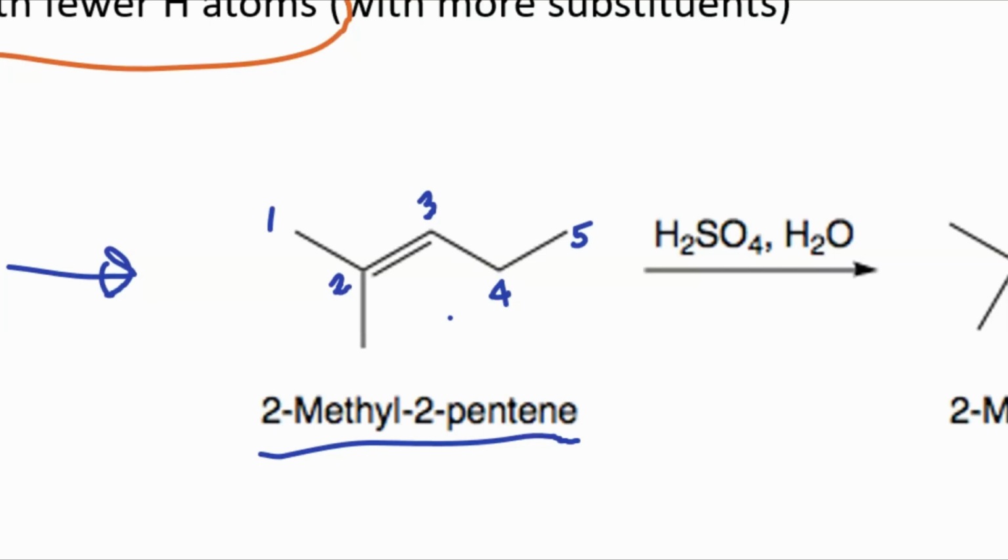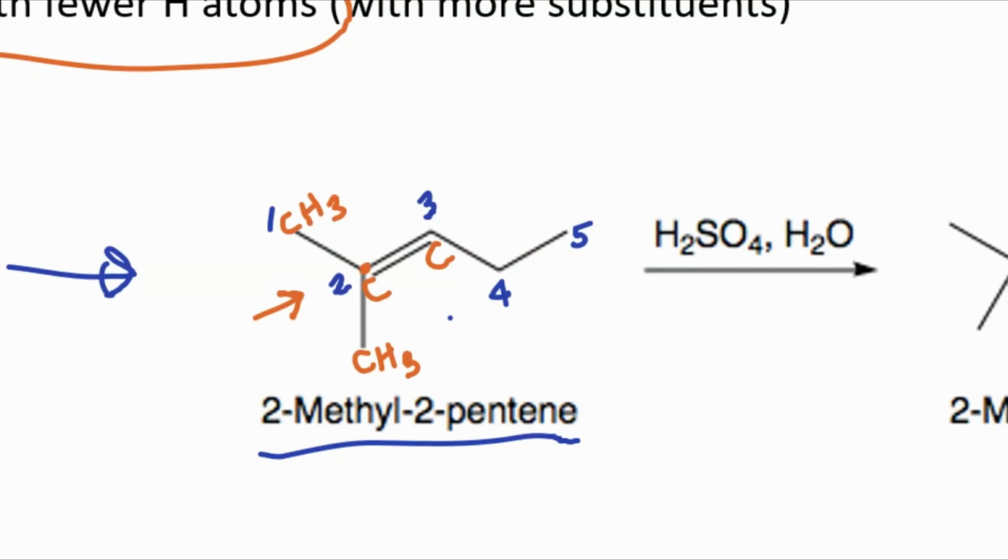If you take a closer look at this structure, which carbon atom on this alkene, carbon 2 or carbon 3, contains a higher number of hydrogen atoms and which a lower number? If you take carbon 2, do you see any hydrogen atoms there? No, because this is a methyl group and this is also a methyl group.